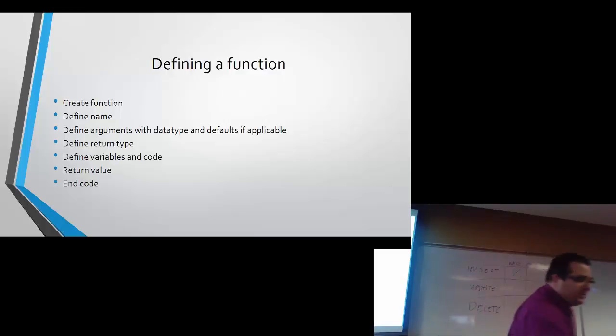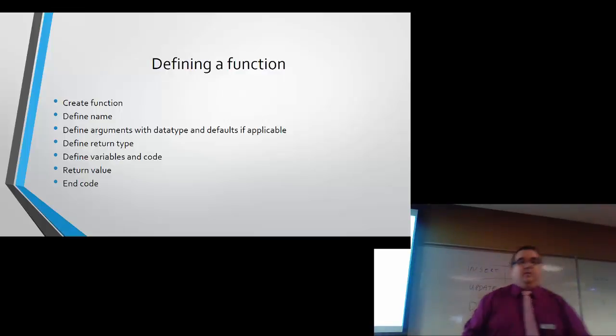It probably sounds a lot like something like that. Not quite the right syntax for Java, but you get the idea. And then you define the return type also. Then you define the variables in the code. You return a value. Then you exit.